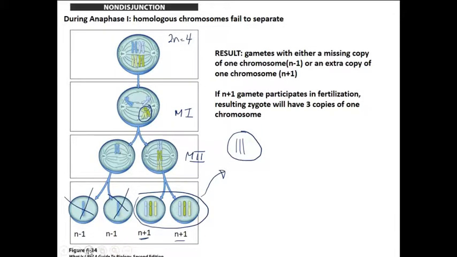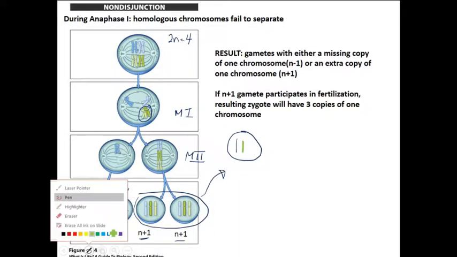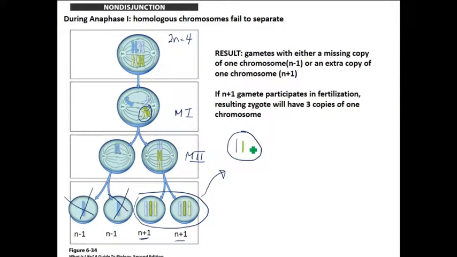Let me change colors here. Let's see if I can erase these. Okay, so that's the normal chromosome, and then here is 1 copy. That's what it should be, but this one got an extra green one too. Okay.